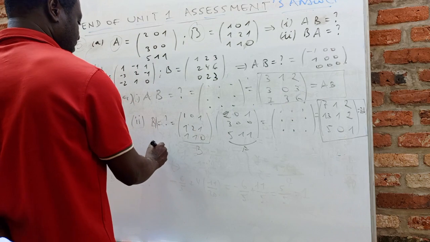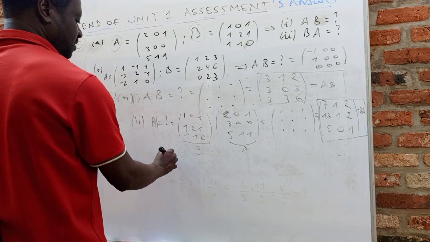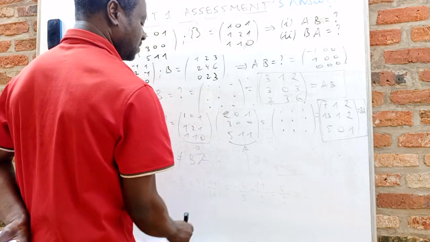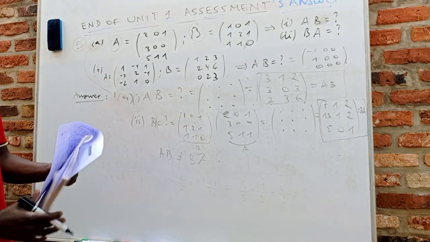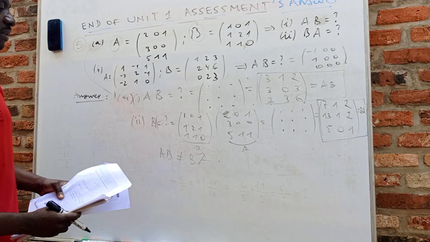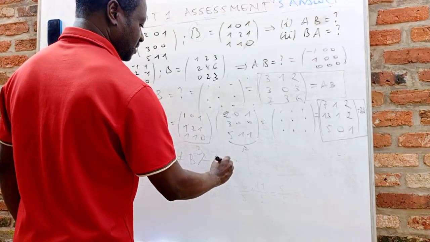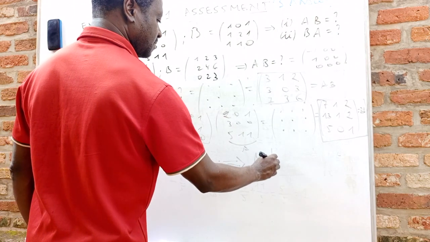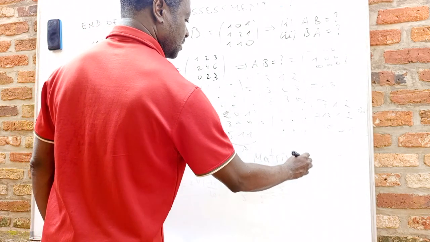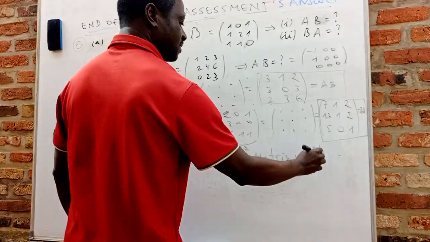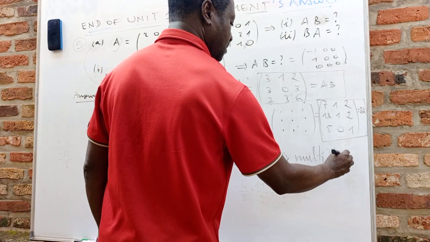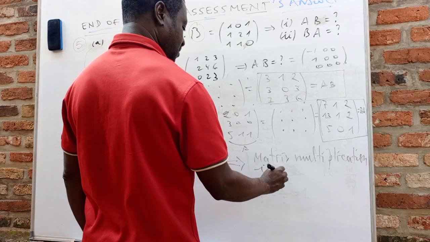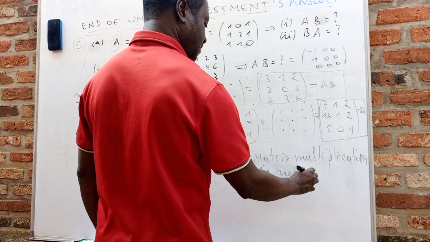So we can conclude that A times B is not always equal to the product of A and B in reverse order, which means that in general, matrix multiplication is not commutative.